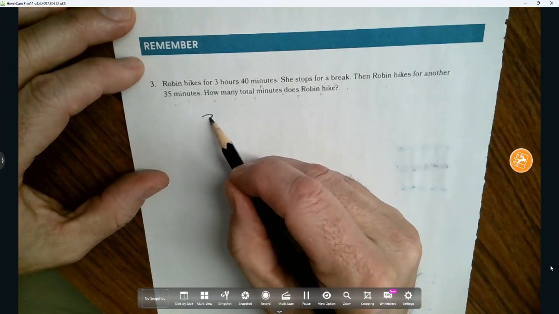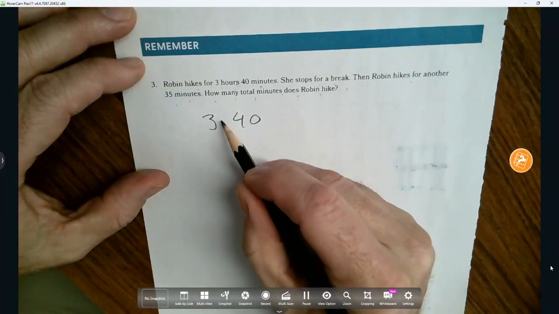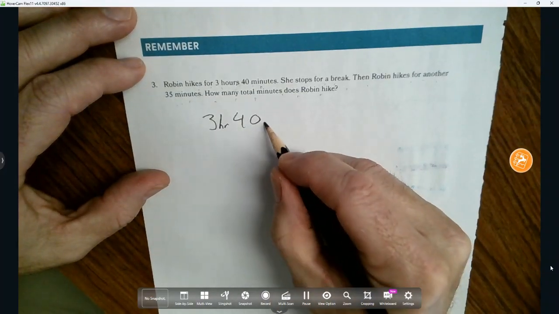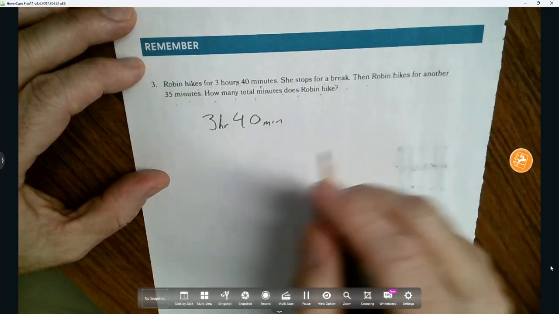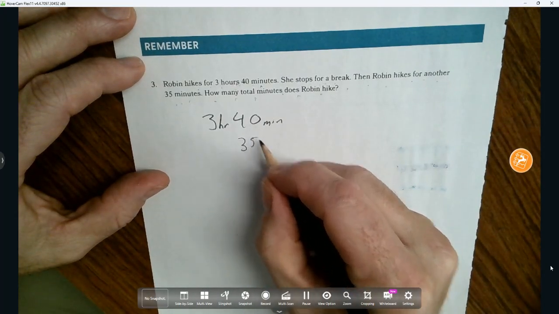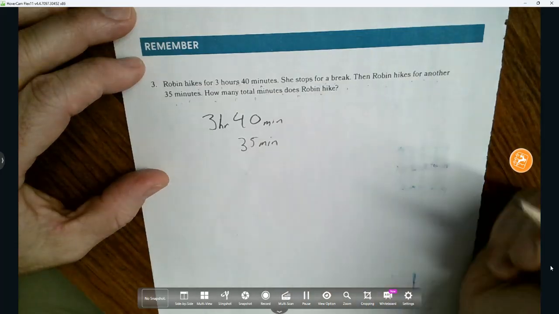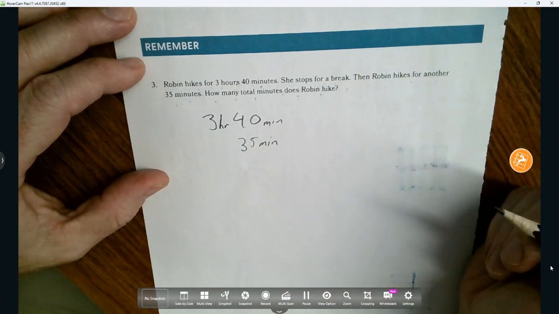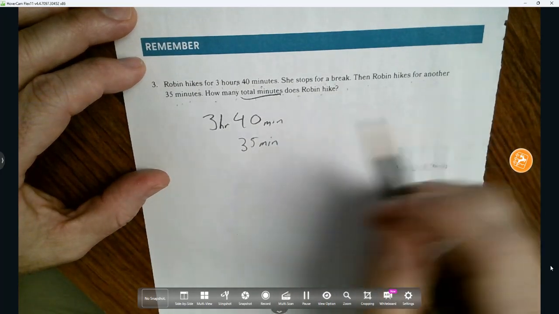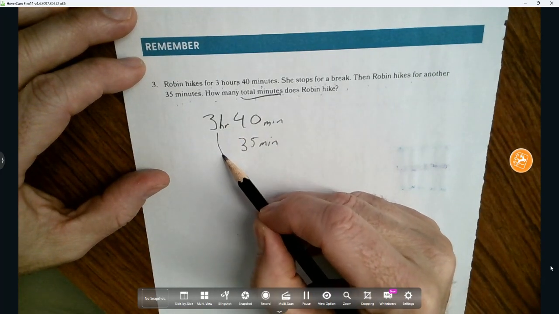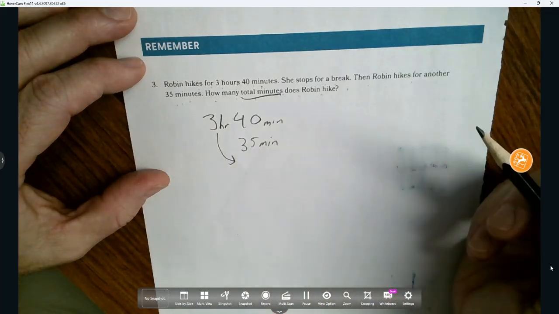So she hikes for 3 hours and 40 minutes. Hours, minutes. Takes a break. And then she hikes for another 35 minutes. So you need to know how many total minutes does she hike. So you need to take these hours, bring it down here, and convert it to minutes.